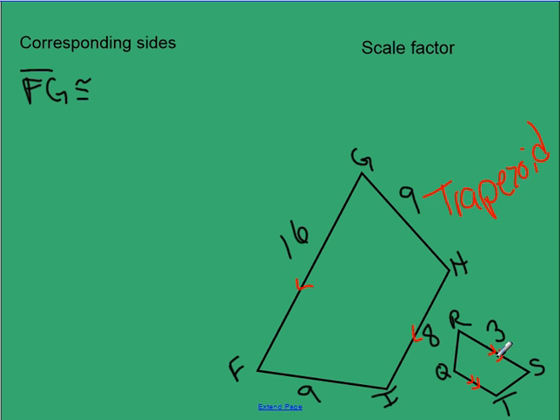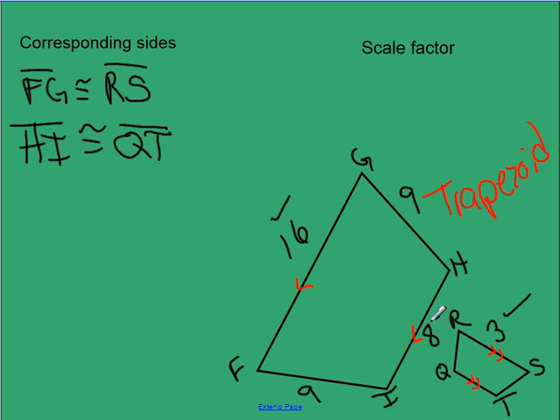So the longer of the two parallel lines here is RS. So we know that FG corresponds to RS. Okay, so we've taken care of that and that. We can then take the other parallel line. HI is going to correspond with the other parallel line in this trapezoid, which is QT.